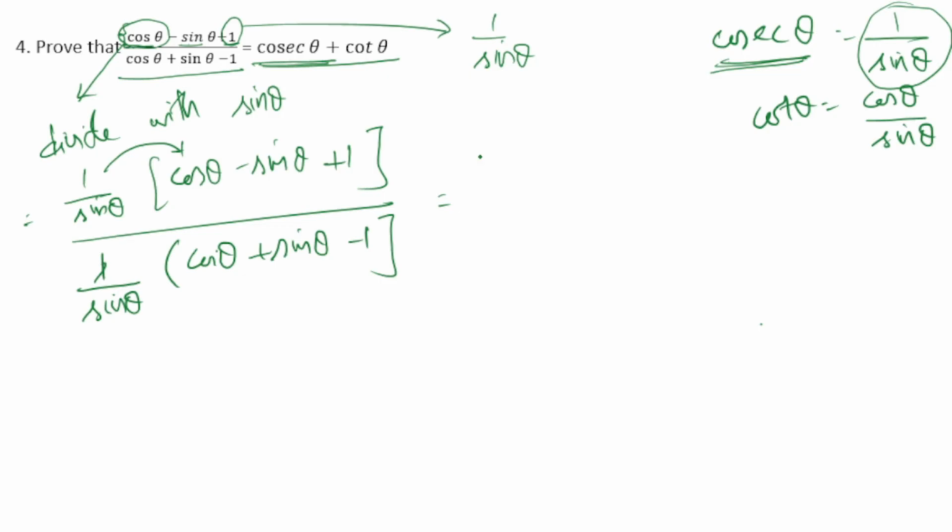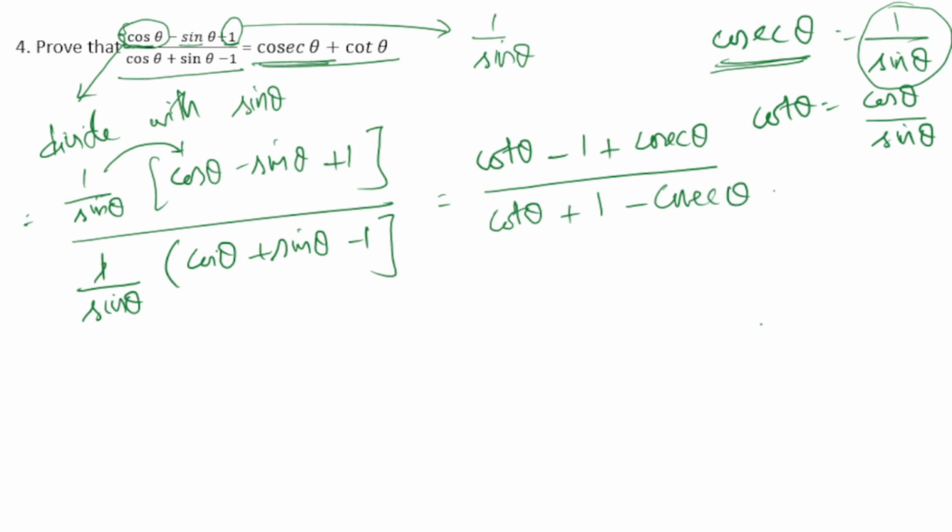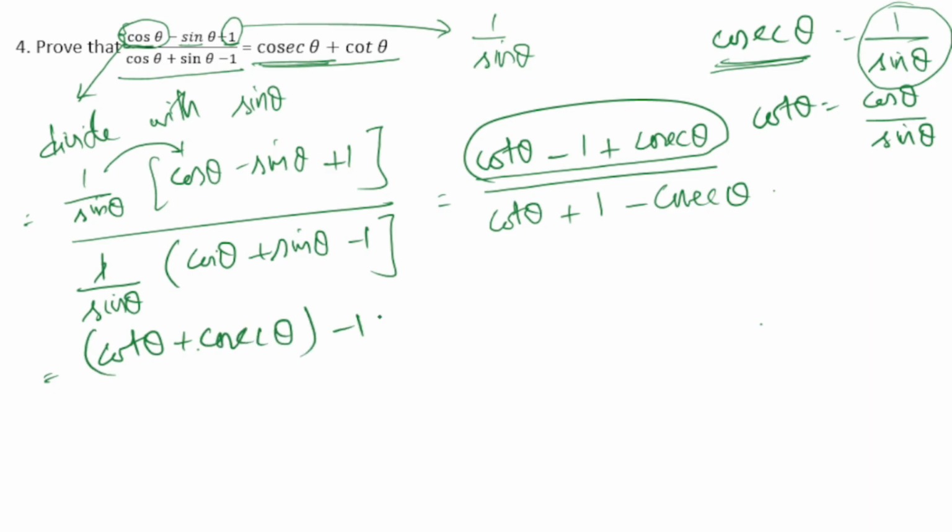Cos theta by sin theta is cot theta. Minus sin theta by sin theta is 1. Plus 1 by sin theta is cosecant theta. Divided by cos theta by sin theta, which is cot theta. Plus sin theta by sin theta is 1. Minus 1 by sin theta is cosecant theta. See in the numerator, we have minus 1. We'll take minus 1 to one side. It will be cot theta plus cosecant theta minus 1.